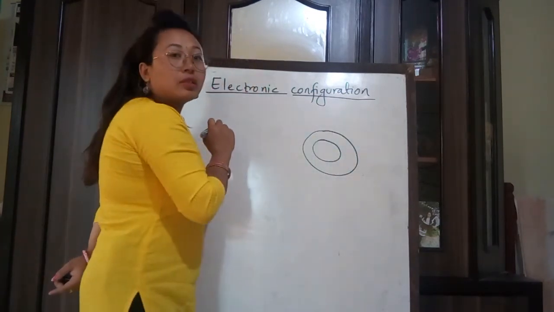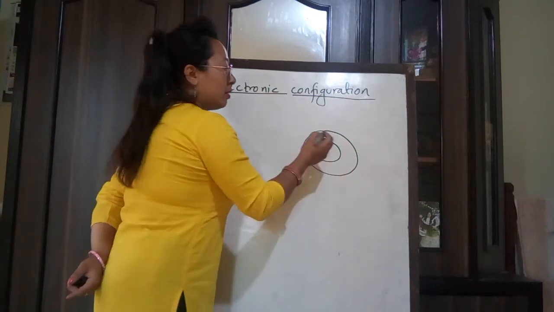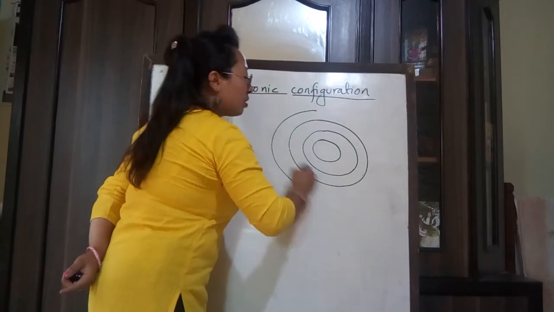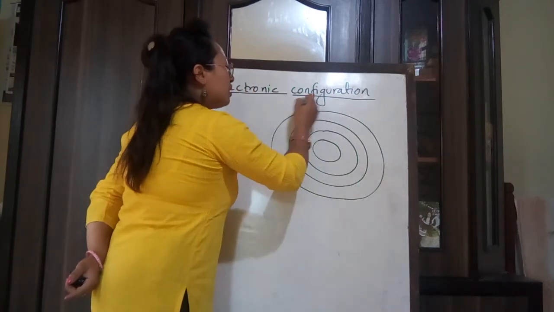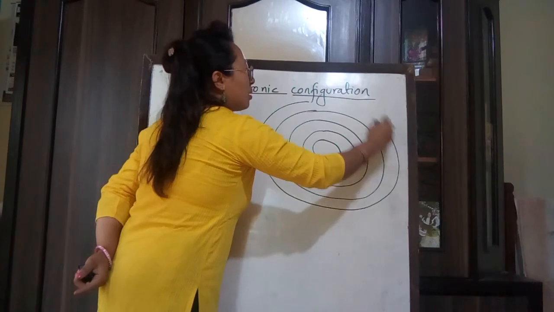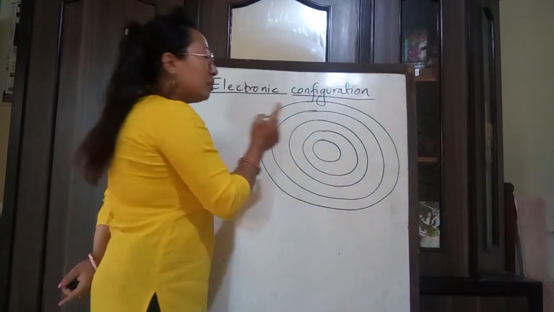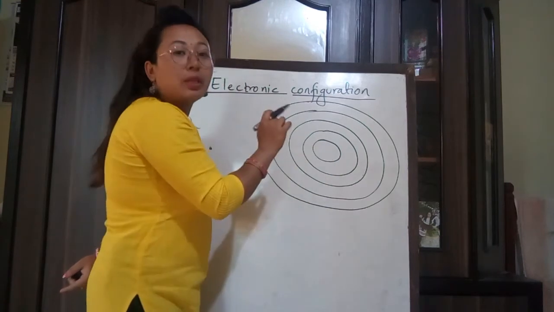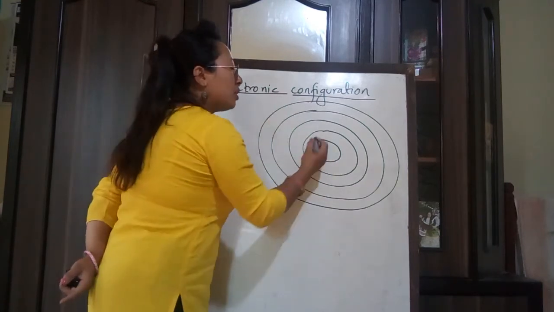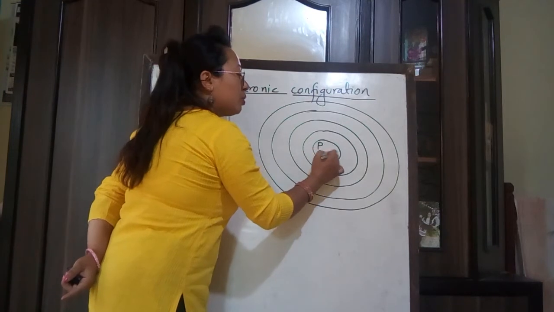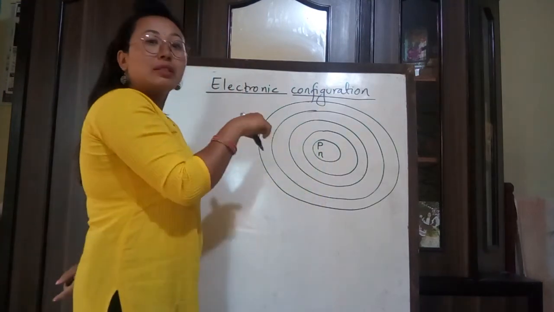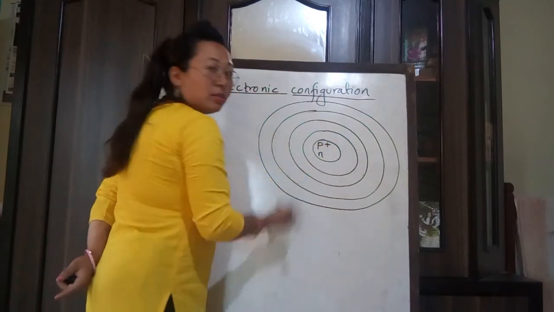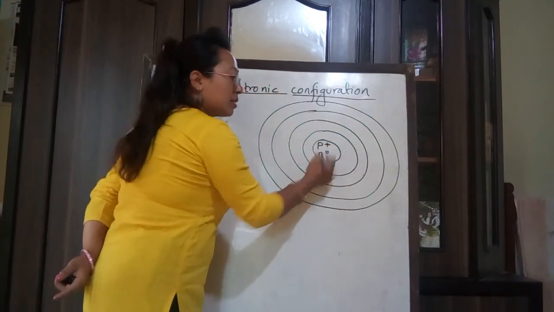It is called the first orbit or shell. Yeah, and there may be a second orbit as well, a third orbit as well, and similarly a fourth orbit as well. But here, this first circular part is the nucleus, and inside that nucleus the proton and neutron of an atom lie. Okay, the proton is positively charged, the neutron is chargeless.